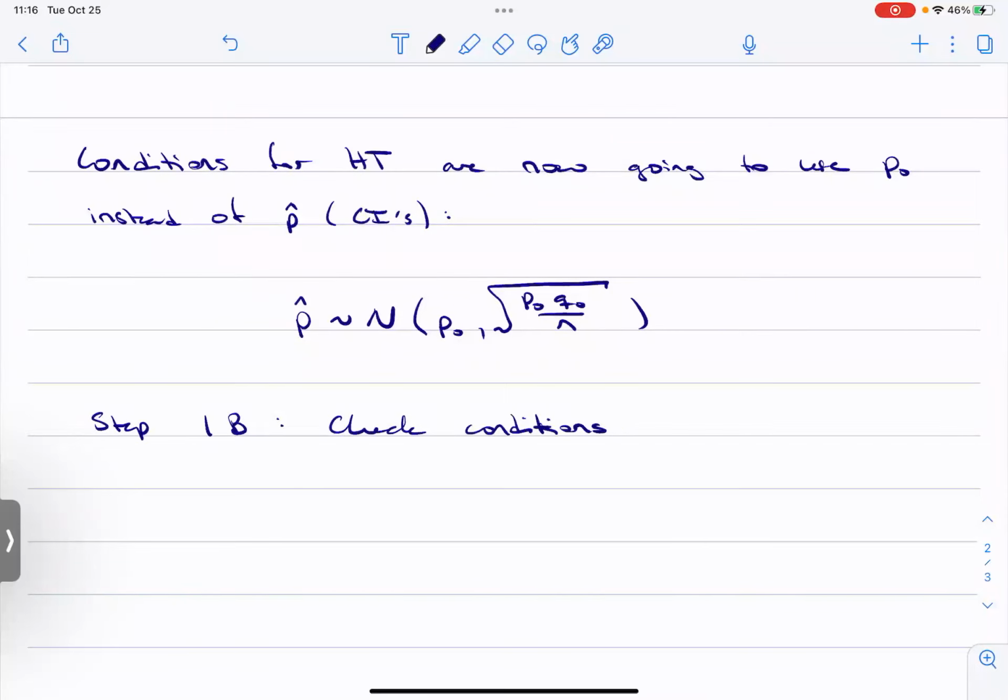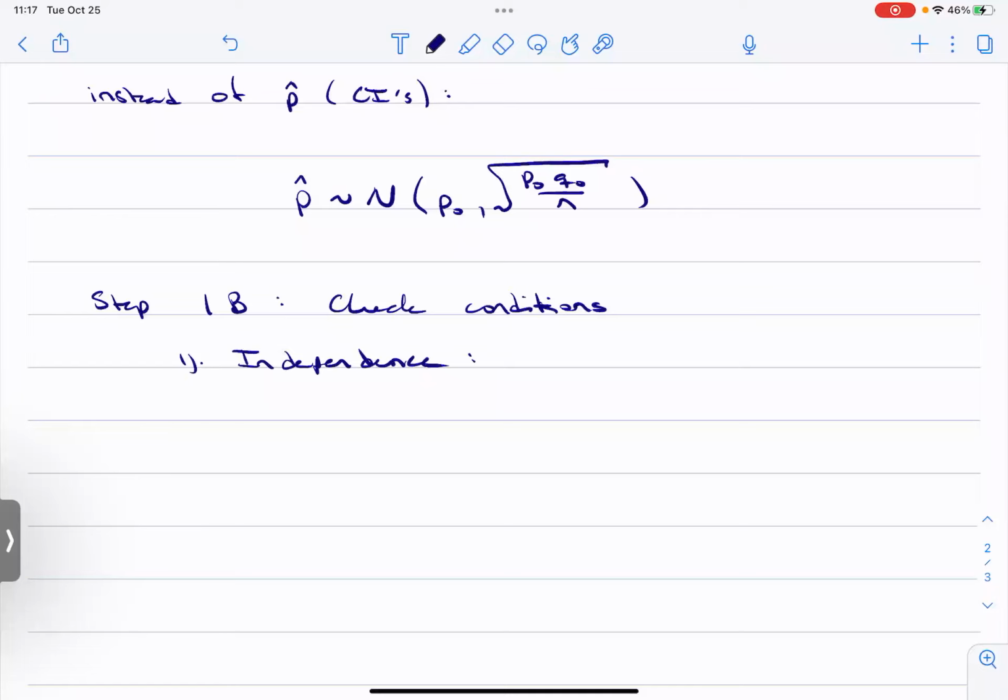So the first condition is independence. We can assume that these students that were sampled are independent if they were randomly sampled. So let's go back and read the question. 400 students were randomly sampled. Hey, that's great, so that's a check.